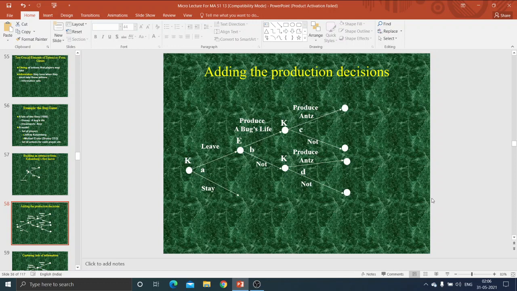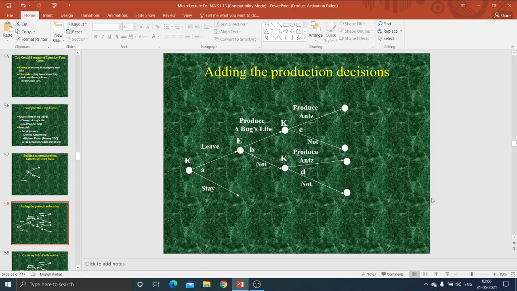That leads to Katzenberg producing Antz. This is one way. Again, in that sense, Katzenberg may also not produce Antz.